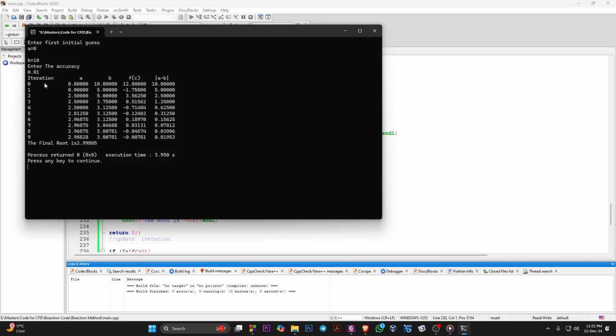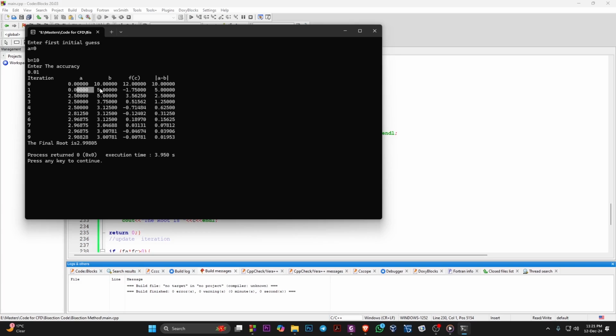Okay, that's fine. My iteration value was 0. A is my initial guess, and then b, where I get f of c is 12. Then the difference between a and b is 10.